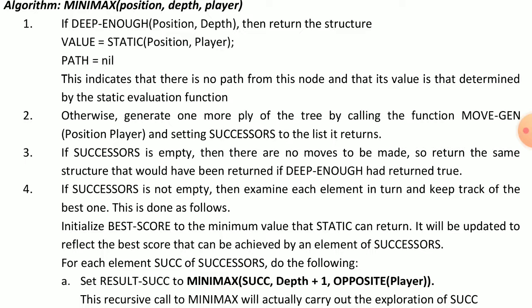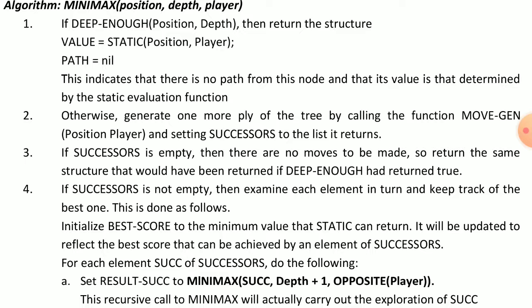Then initialize best score to the minimum value that static can return. It will be updated to reflect the best score that can be achieved by an element of successor.